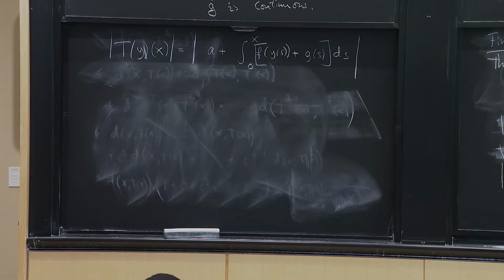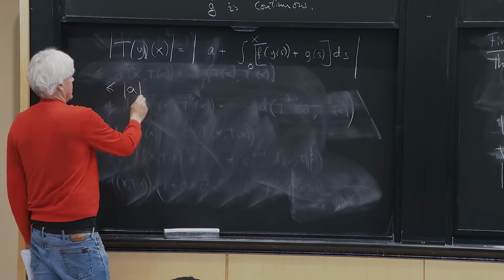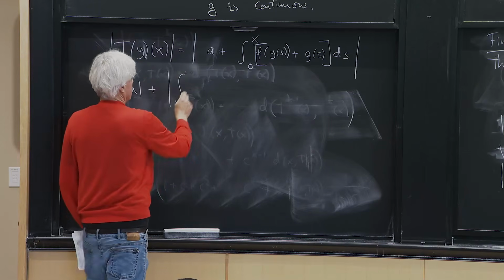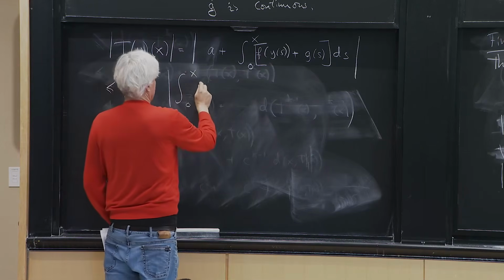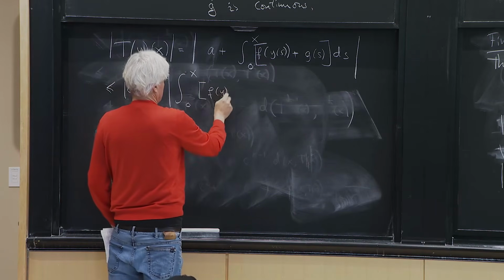Now I can just use the triangle inequality, sort of trivially. I get the absolute value of a, plus the integral here like that.